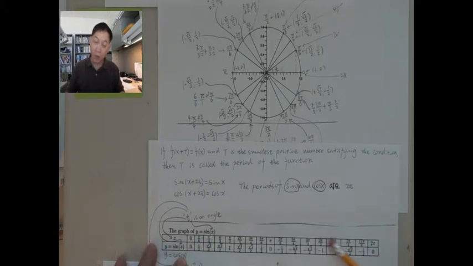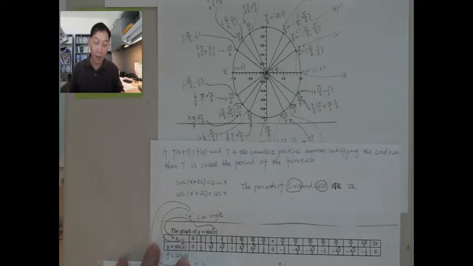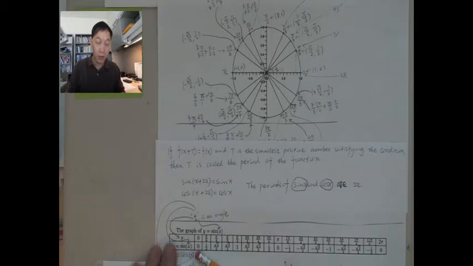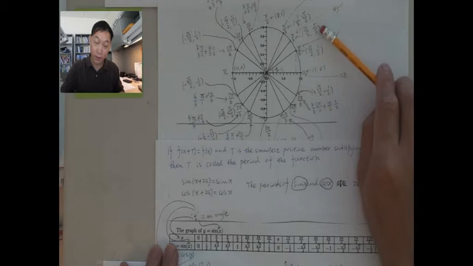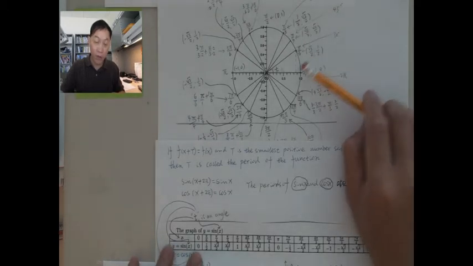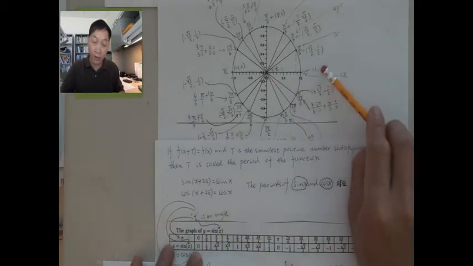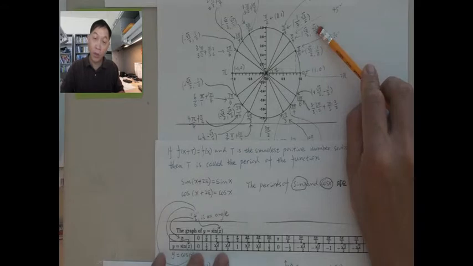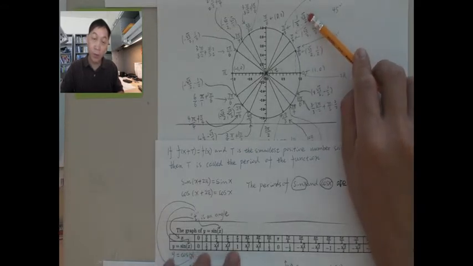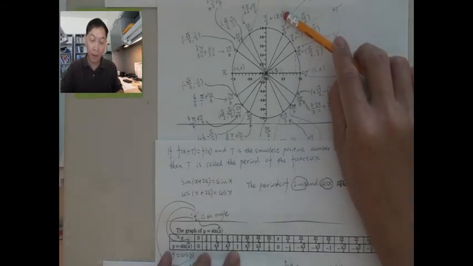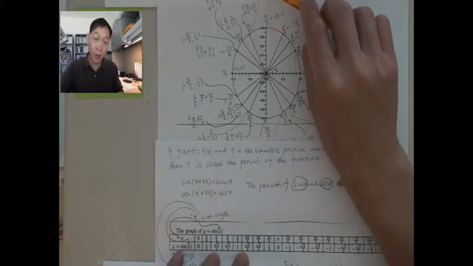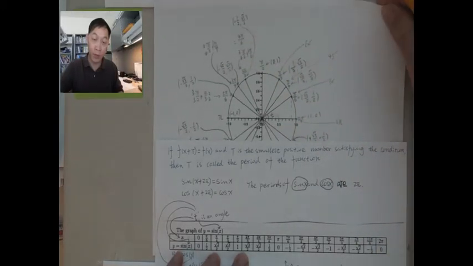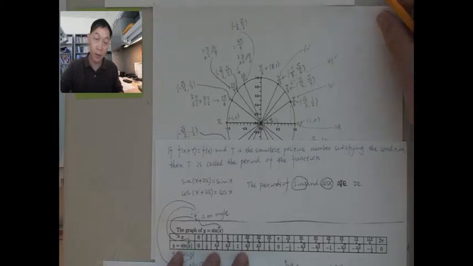Okay? Alright, now you know where the first row comes from. Now, we know sine x, you want to look at the y coordinates. Okay? Starting from 0, y coordinate is 0. So 0, 1/2, radical 2 over 2, radical 3 over 2, 1, radical 3 over 2, I want to take this picture down a little bit.